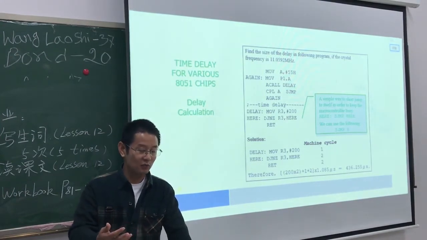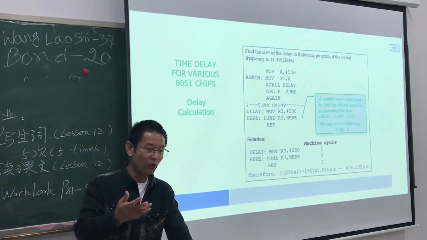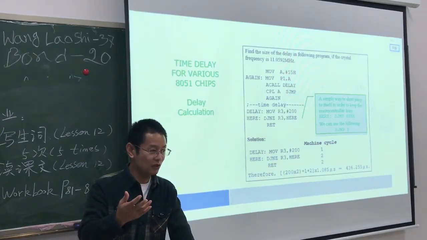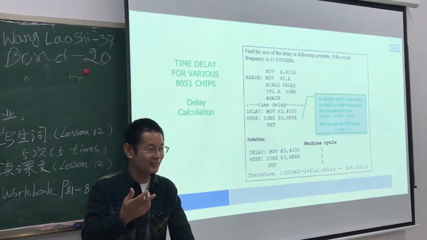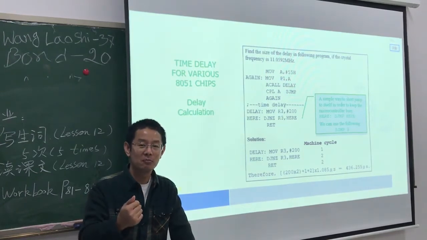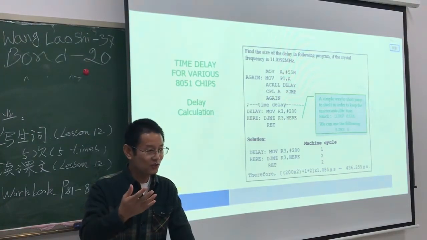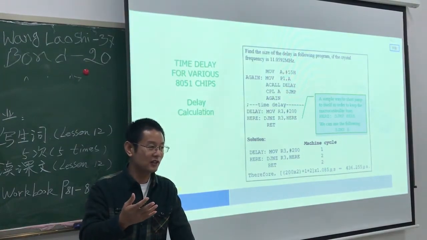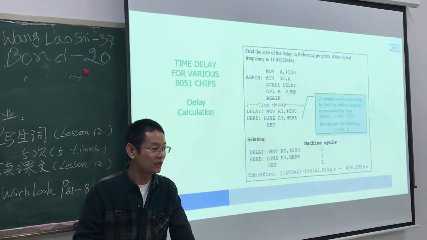So when we make a program with assembly language, we can get an accurate delay. But if we use C language, we cannot get the actual delay time.